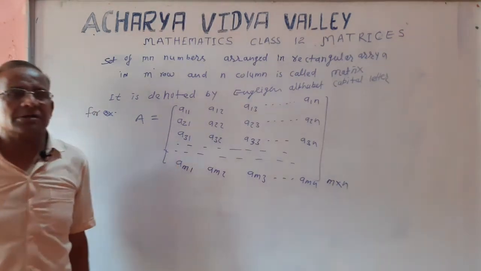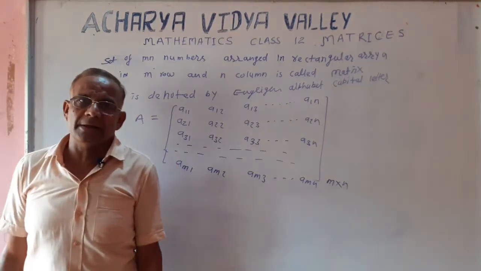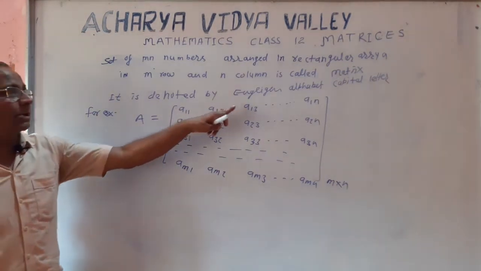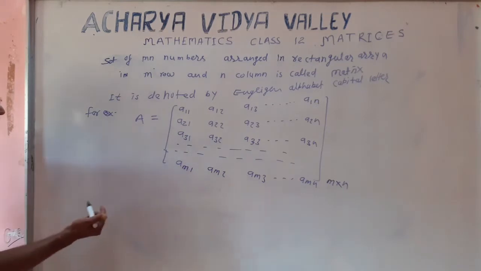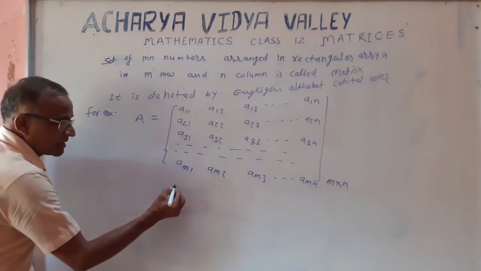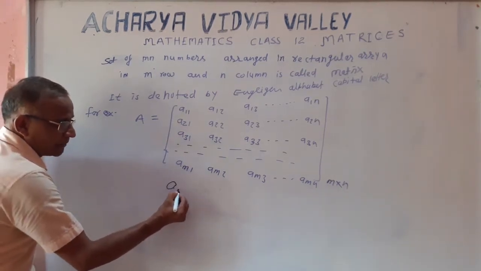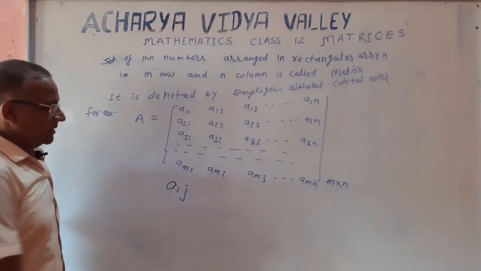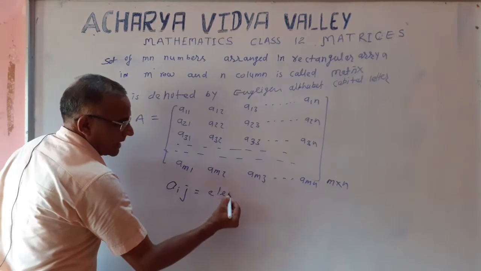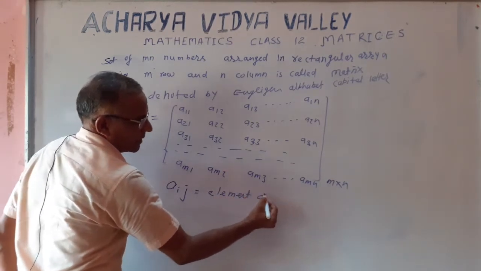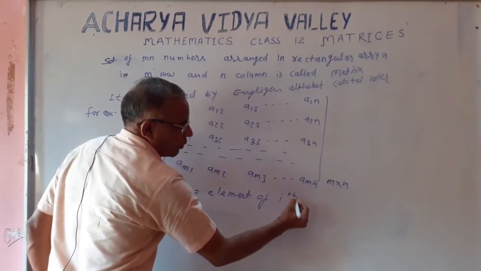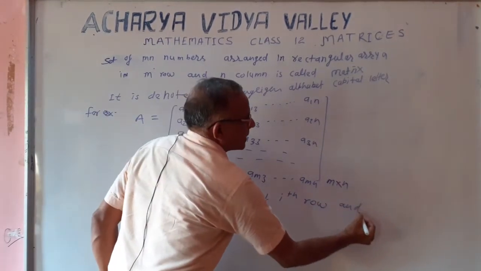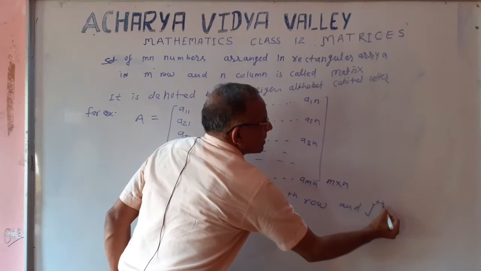So it is a matrix of order m by n, and the elements A11, A12, A13, A1n are generally denoted by Aij. It means the element of the ith row and jth column.